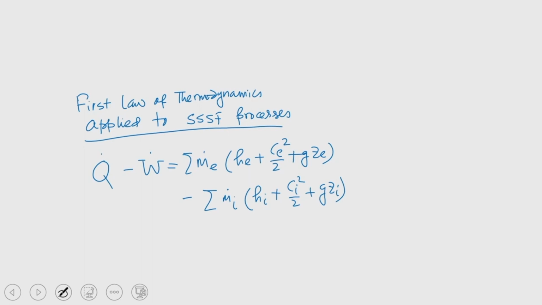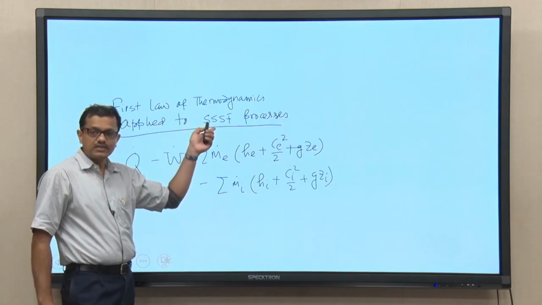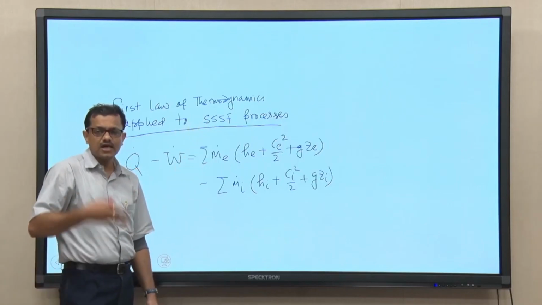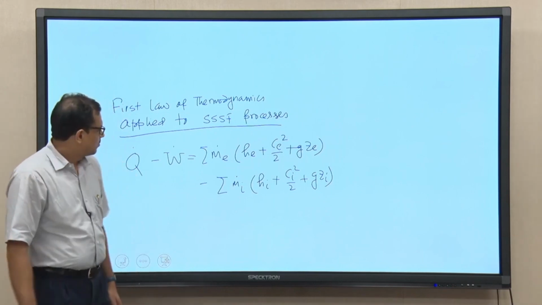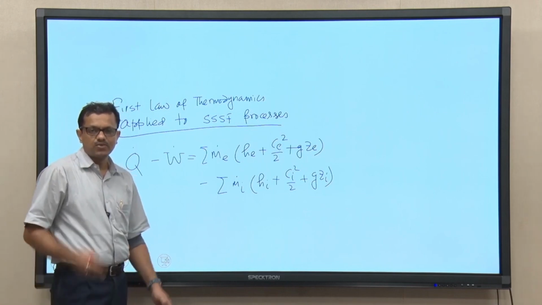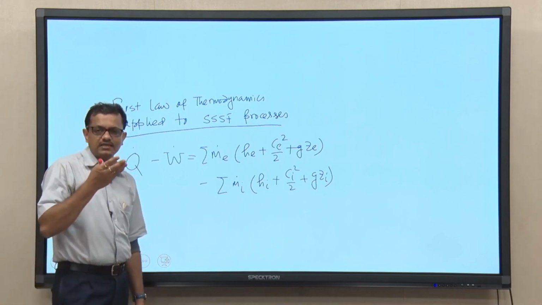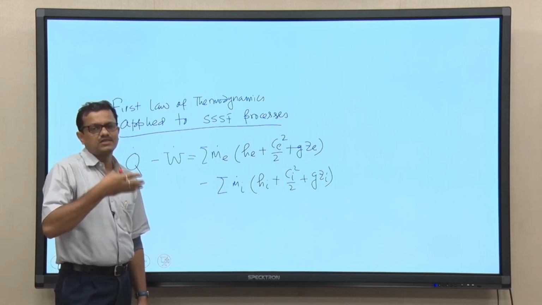We have not considered dE_CV/dt because this is a steady state steady flow process, right. The state is steady and also the flow is steady. So, the product of mass and specific energy within the control volume is not changing with time.